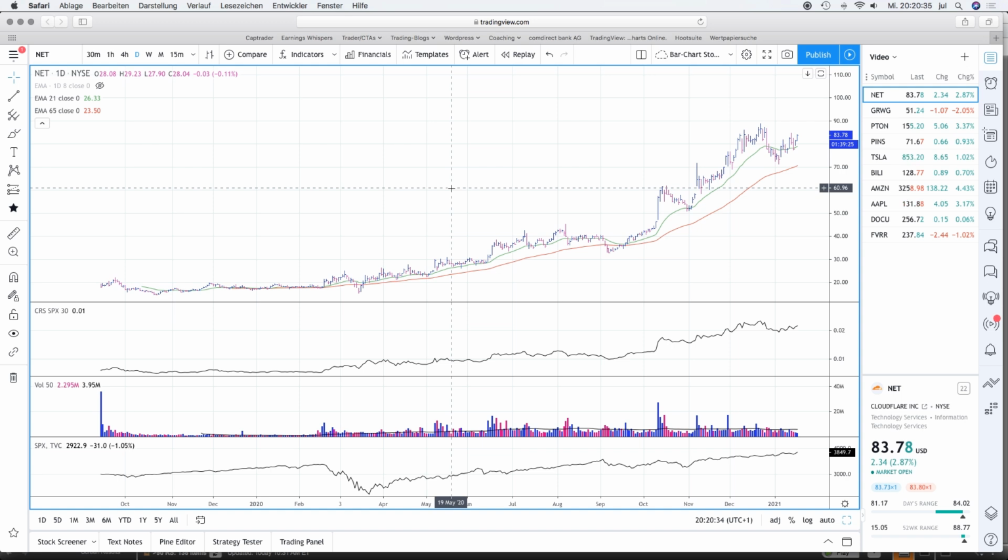Just one word about IBD, Investor's Business Daily, a great service I use myself. They also have the RS line, or relative strength line, in their charts, and they also offer a rating of every stock, a relative strength rating.